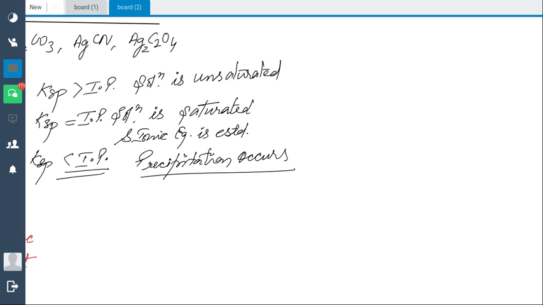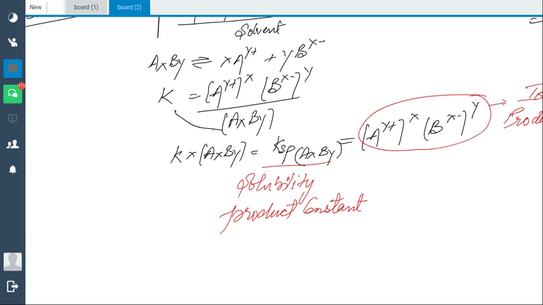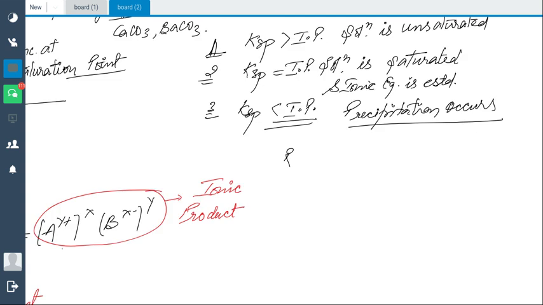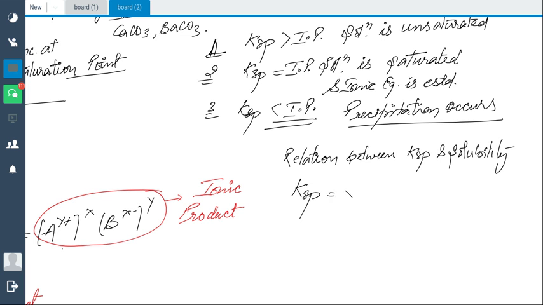But before we go ahead, there is a relation between Ksp and solubility, and that relation is given as x raised to power x, y raised to power y, s raised to power x plus y.